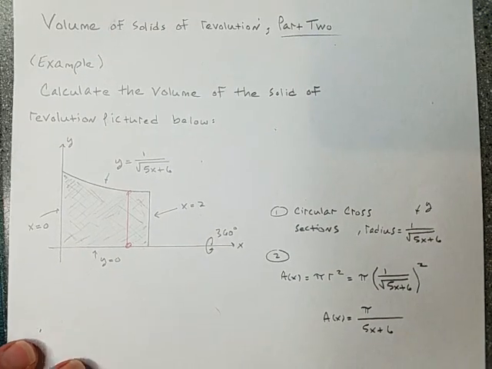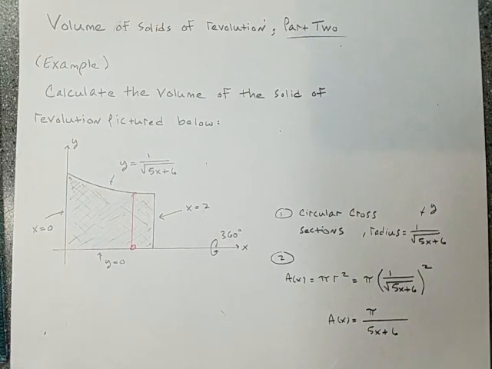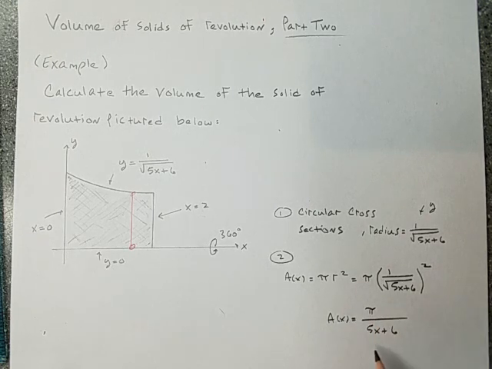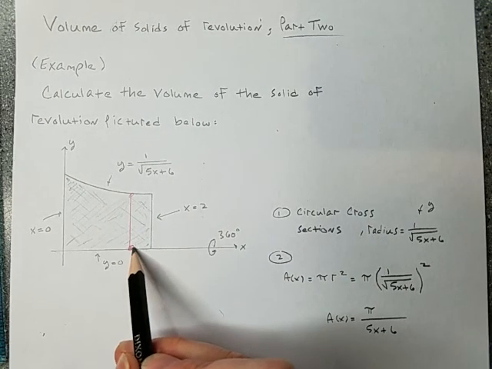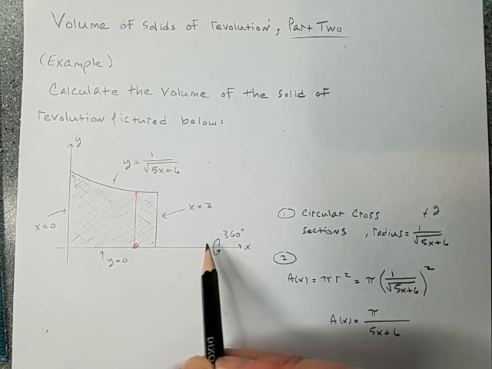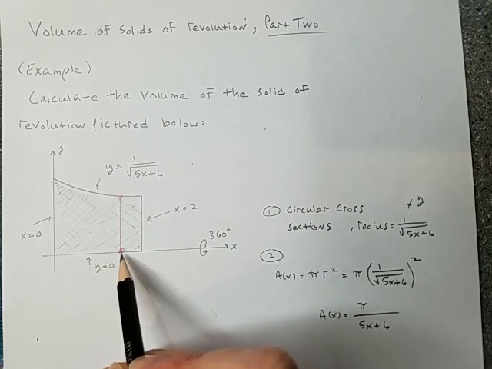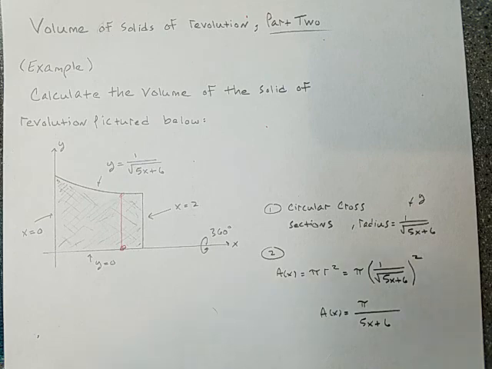Okay, there we go. Now, why does the formula that tells you the area of the cross-section have x in it? Well, because you have to tell me where you are on the x-axis for me to tell you the size of the cross-section at that spot. That's why it's a function of x.